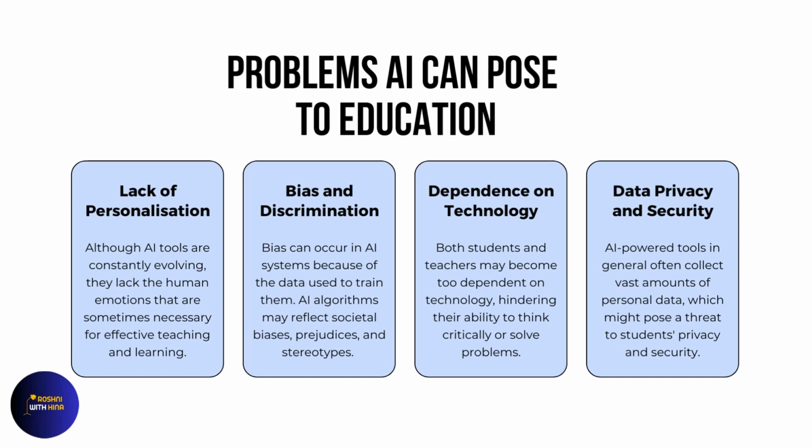Both students and teachers may become too dependent on technology, hindering their ability to think critically or solve problems. Data privacy and security. AI-powered tools in general often collect vast amounts of personal data, which might pose a threat to students' privacy and security.